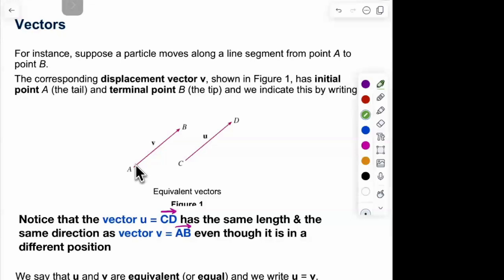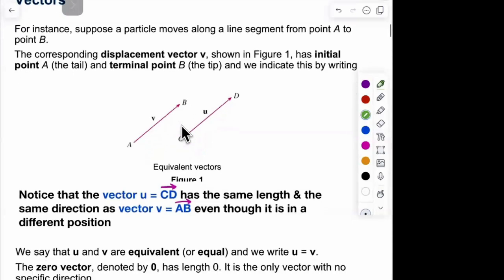The displacement vector goes from point A and points to point B. So you move from A to B, and the displacement vector goes from here to here. The initial point of this is A, and the terminal point is B. The initial point is also called the tail, and the terminal point is called the tip.